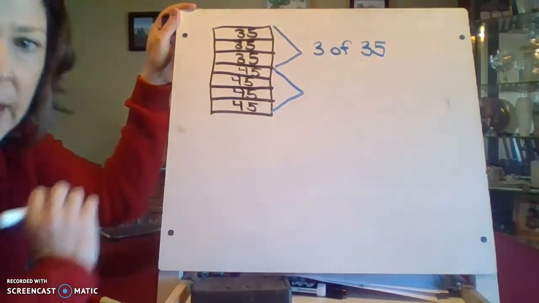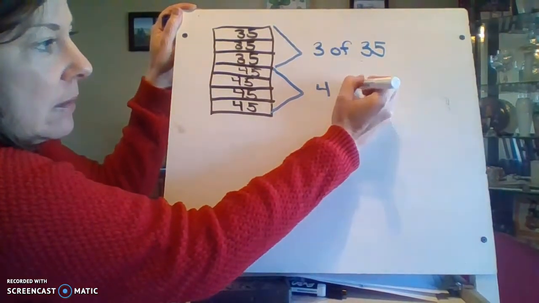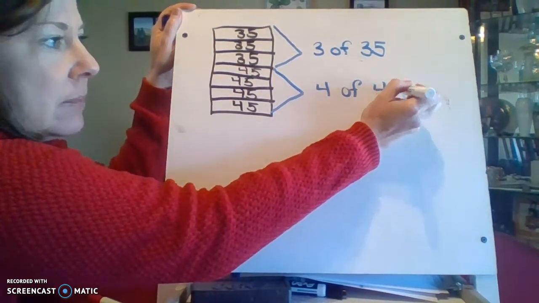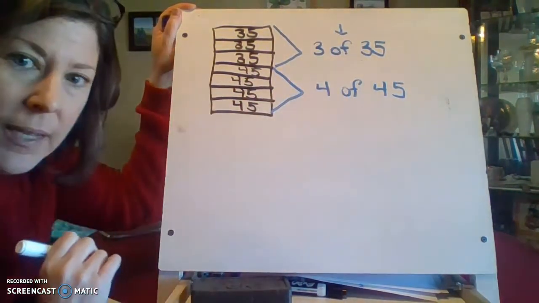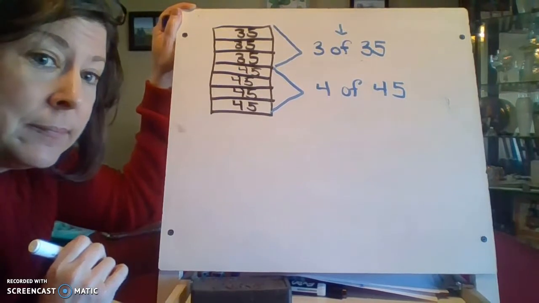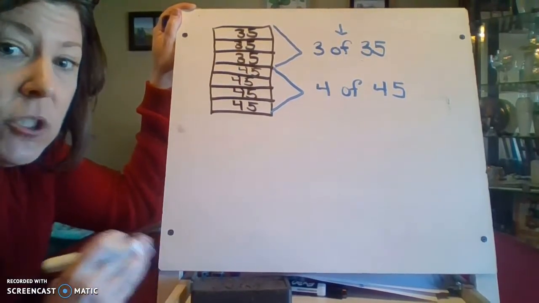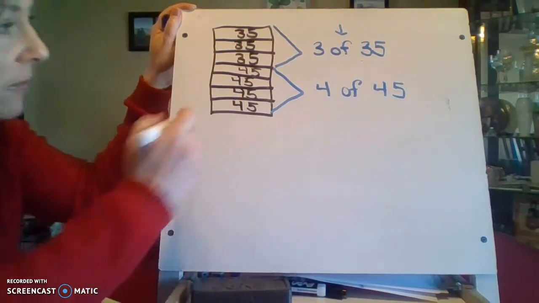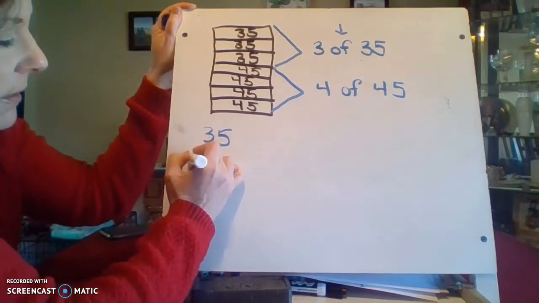And I have 4 of the 45s. That word of is pretty important. For me, that word of is telling me I'm going to multiply. Those 35s are repeating themselves. So I'm going to multiply 35 times 3.